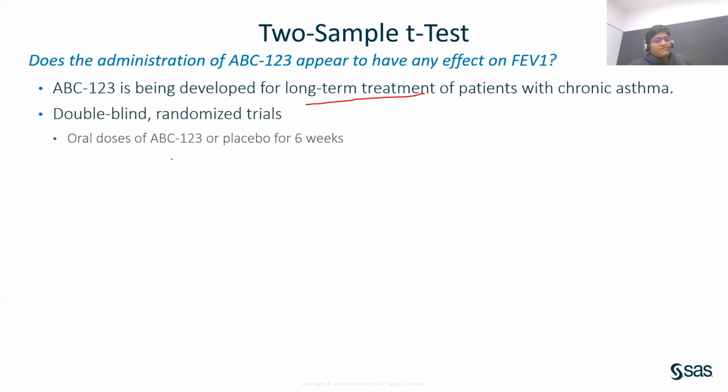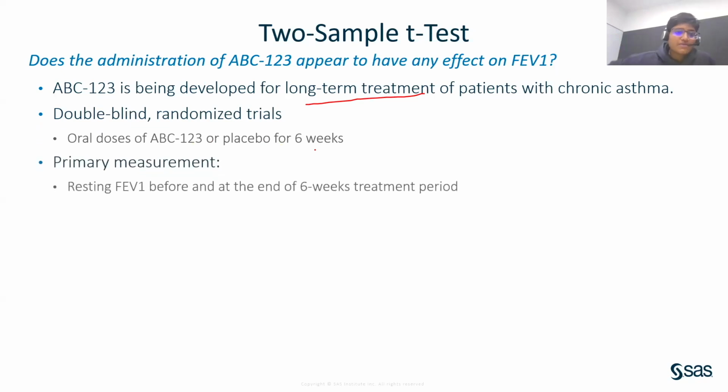The treatment has been defined as a double-blind randomized clinical trial where oral doses of ABC123 versus a placebo, which is a treatment of zero effect, are administered to the patients for a 6-week interval. The primary measurement is the resting forced expiratory volume before the 6 weeks and at the end of the 6 weeks of the treatment period. So you would want to compare the before and after treatment changes in forced expiratory volume.